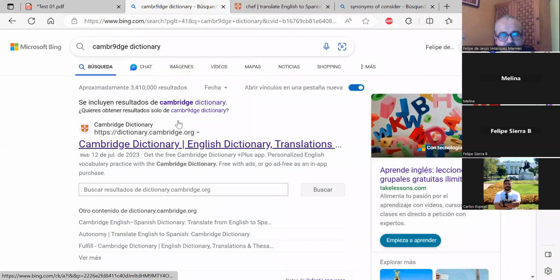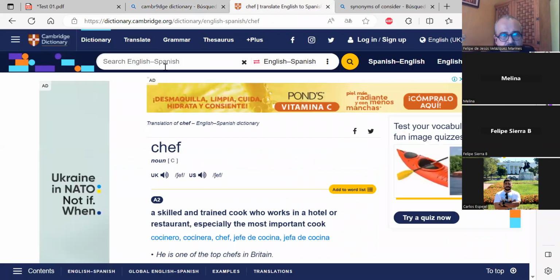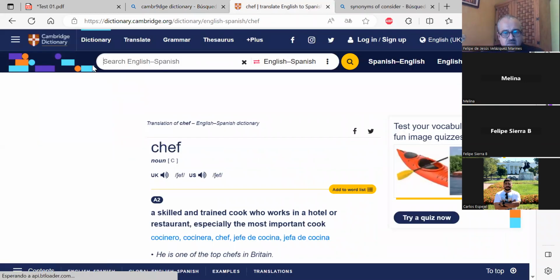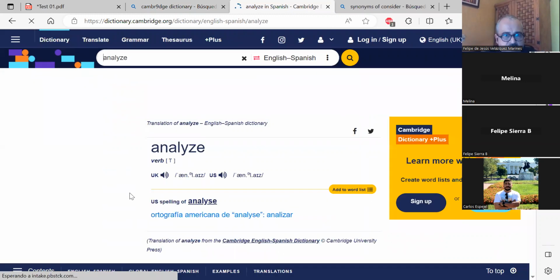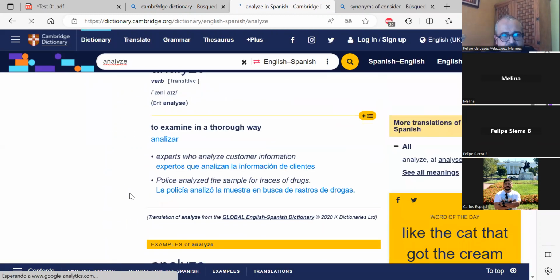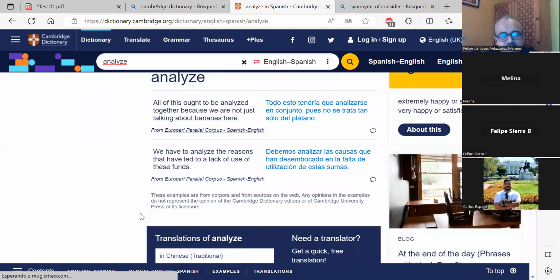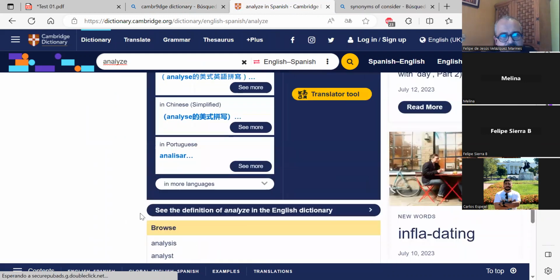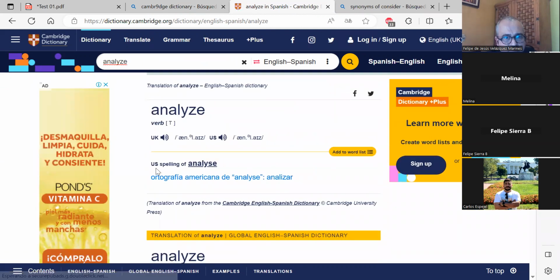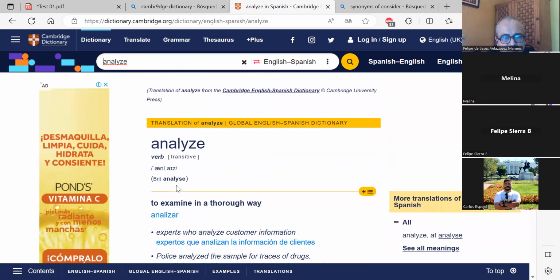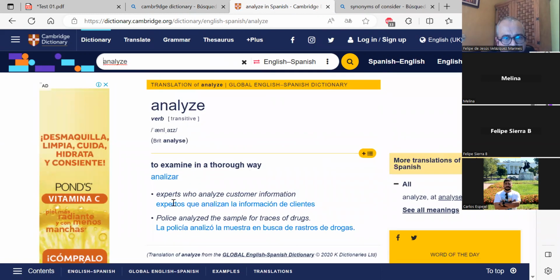Let me check here. Analyze. So I say, analyze, verb pattern. Example of analyze: experts who analyze customer information.